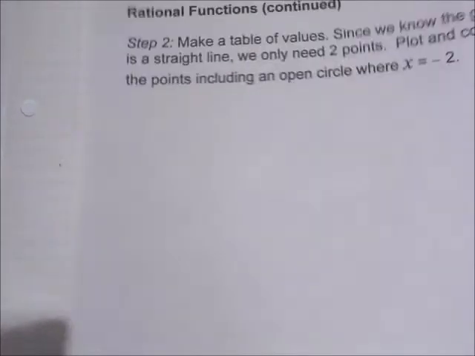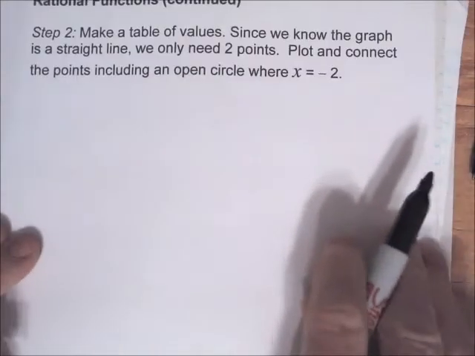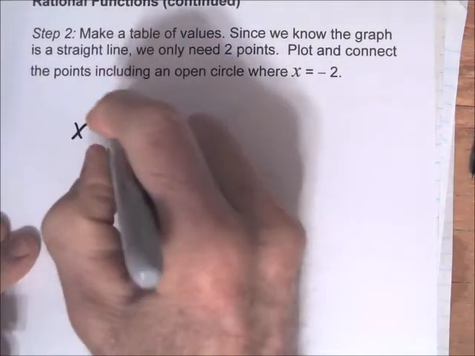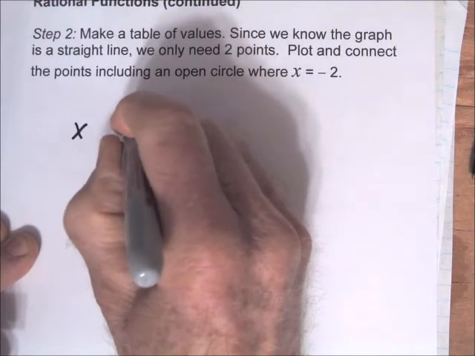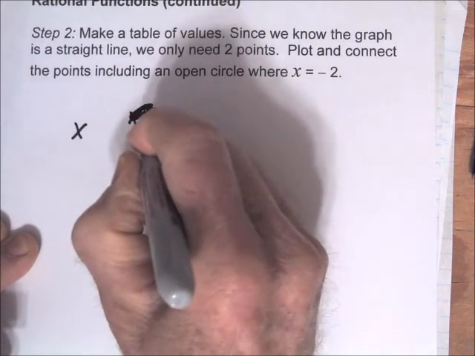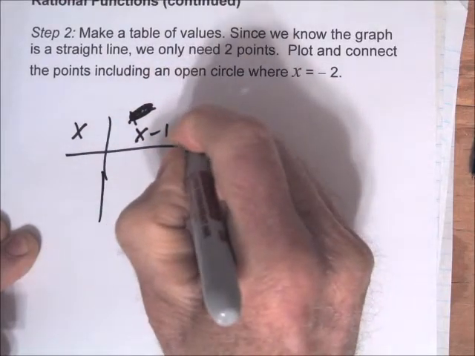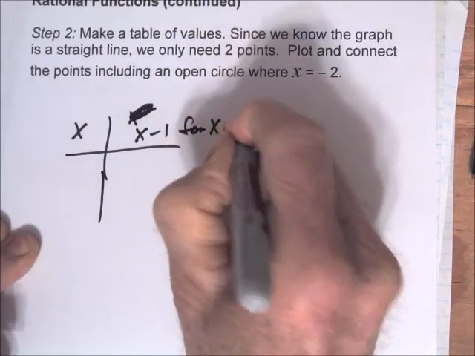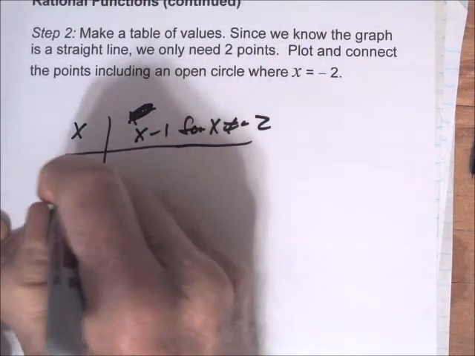So we'll make a table of values. And we don't need a lot of values here. What I'm going to do is x minus 1 for x not equal to negative 2. Okay, so I'm going to put negative 2 in here anyway.